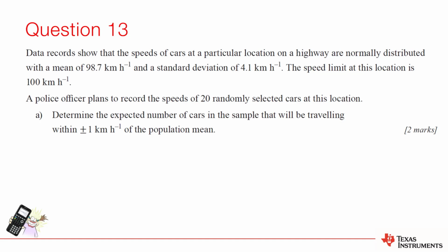So, we'll start by calculating the probability of a single car travelling within 1 km an hour of the mean speed.